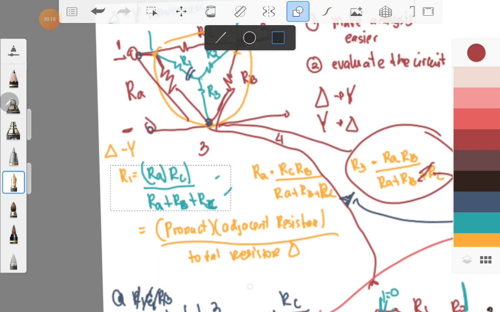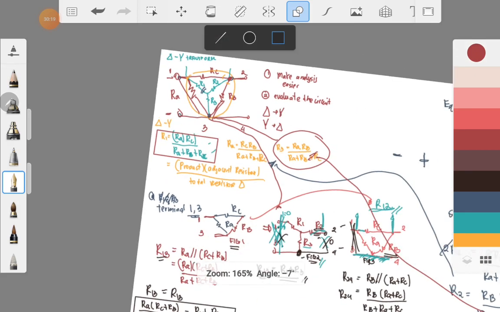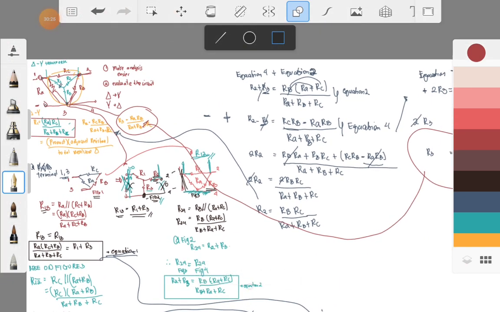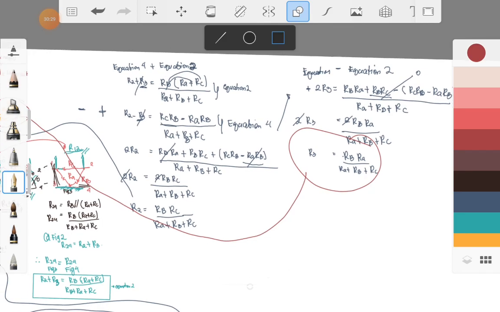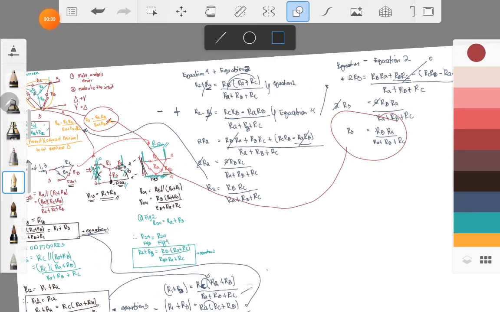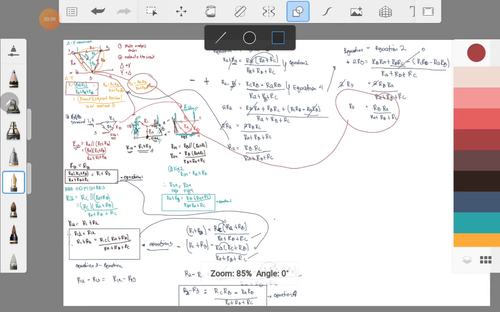The process of getting that equation will be the same as the process in solving the equation or the formula for your R2 and your R3. Okay? So, if you have any question in my derivation, just message me in my Facebook page.